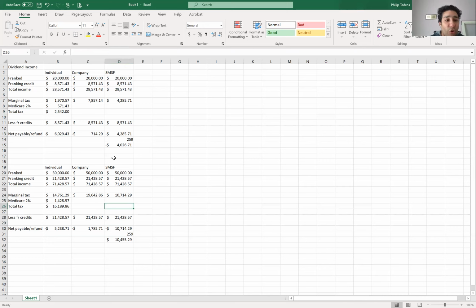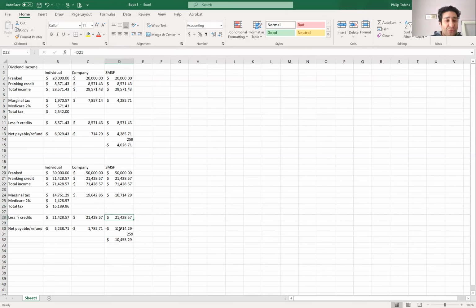Now this is where your SMSF is going to benefit with a high income. You've got a $50,000 dividend, the same franking credits, total income 71,428, tax at 15%, $10,714. Now excess franking credits are refundable in an SMSF.